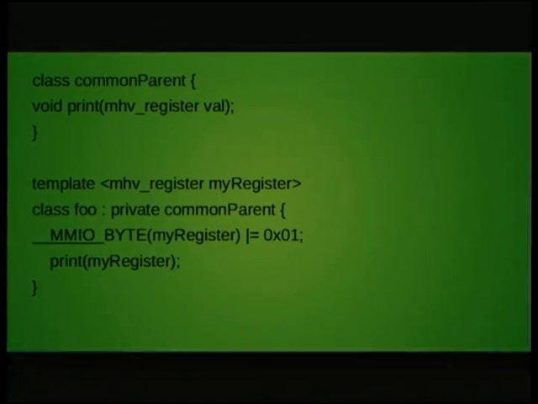So this is an example of how we would do that. We've got the common parent class up there at the top, which has some method in it which does something with a register. And we've got our foo class, which is going to take a template parameter in.